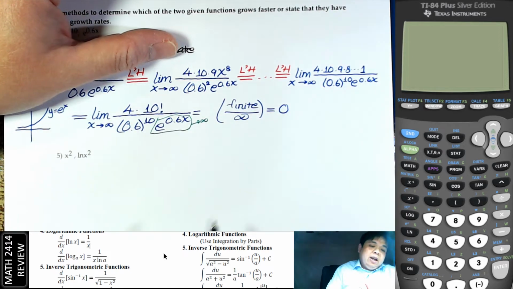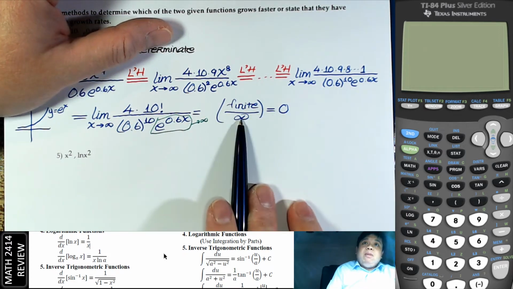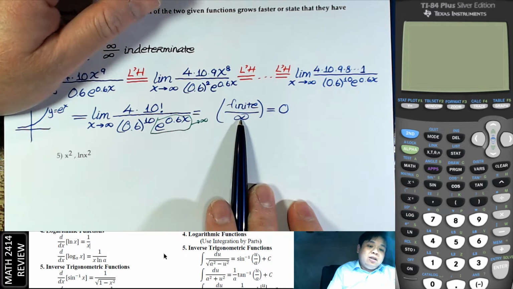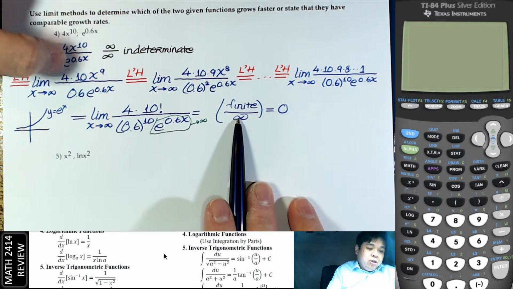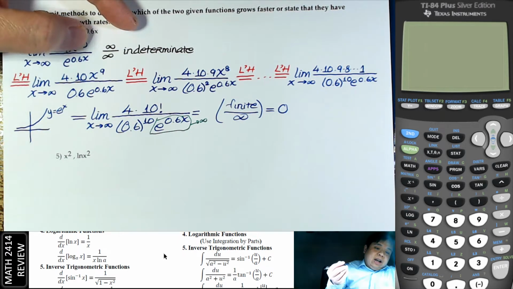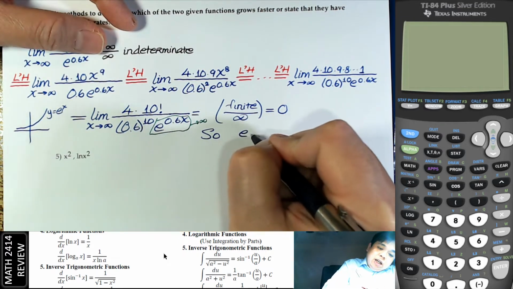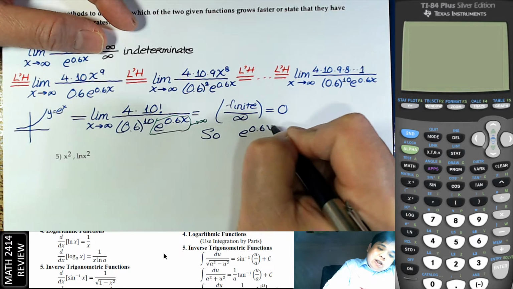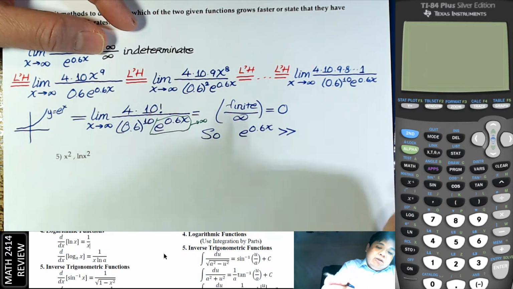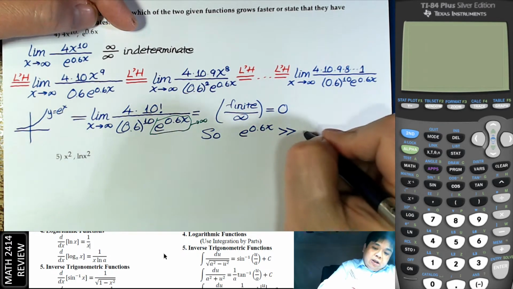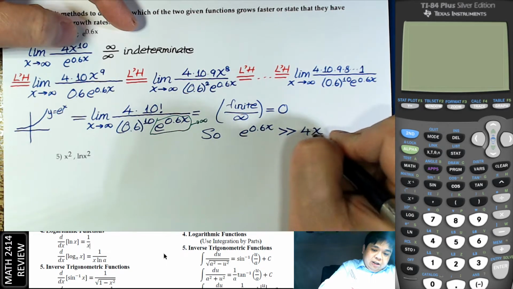Now, if it is 0, that means the bottom has to go to infinity faster. So the bottom is e to the 0.6x. So we say, and we write as follows: e to the 0.6x go to infinity faster than x to the 10.